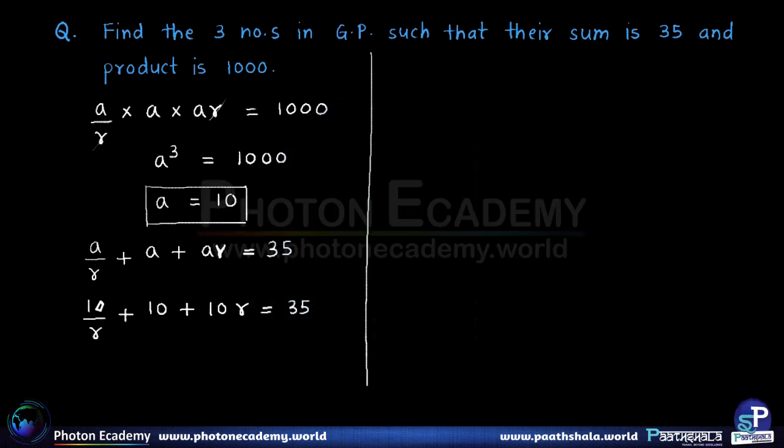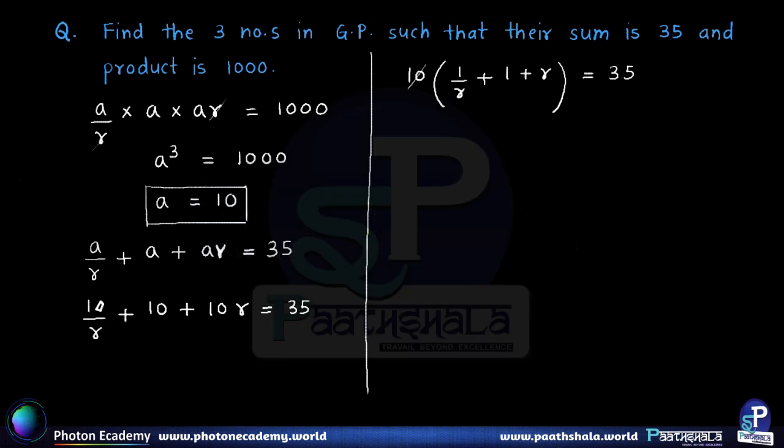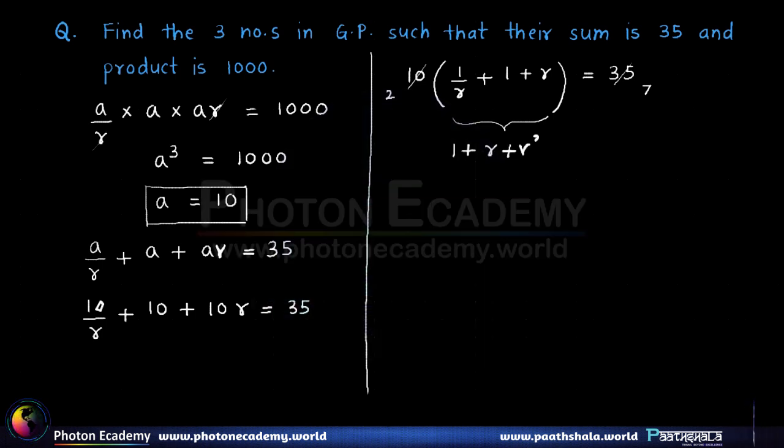So now we can take 10 common from all, and we have 10 multiplied in a bracket: 1 upon R plus 1 plus R equal to 35. Right? Now we can cancel 5 from both sides, and what we are left with is 2 and 7. And then we also merge the terms inside the bracket, and we'll get the common expression as 1 plus R square whole divided by R, which is equal to 7 by 2.